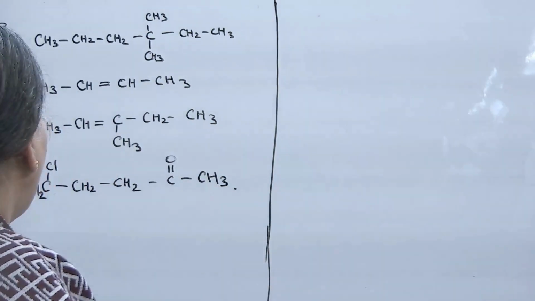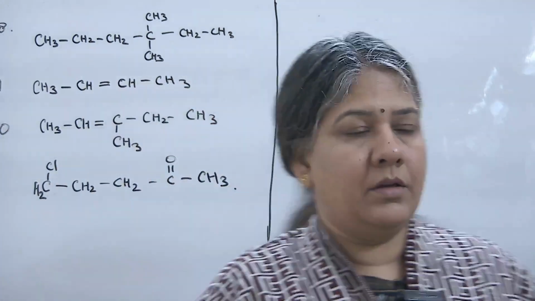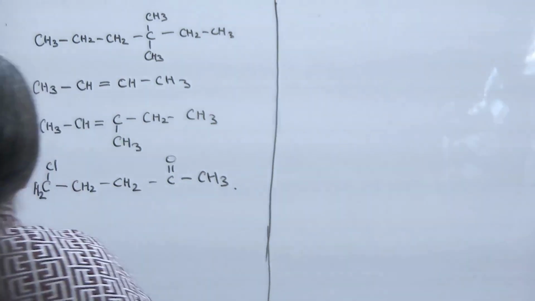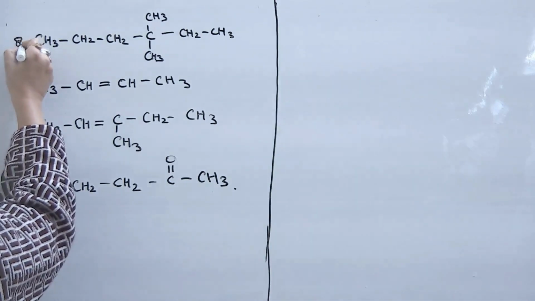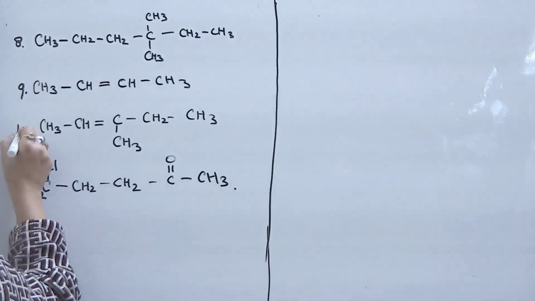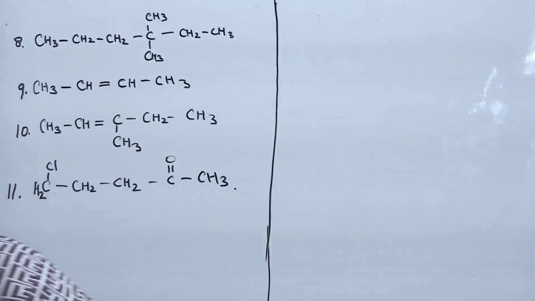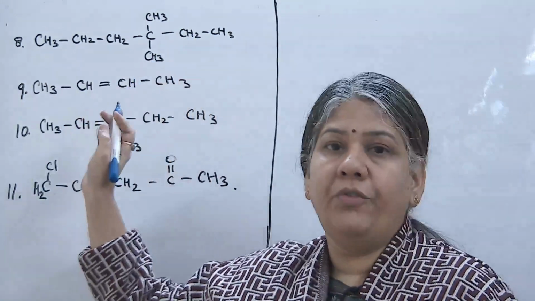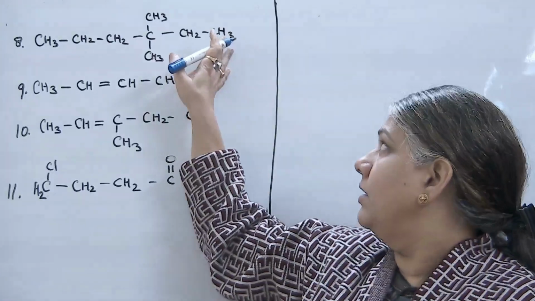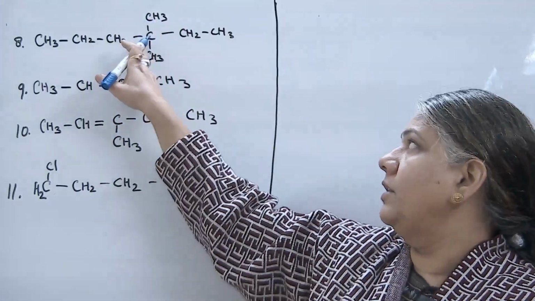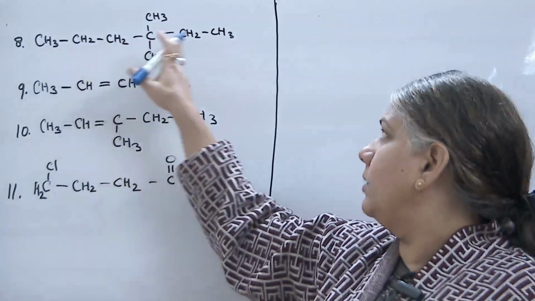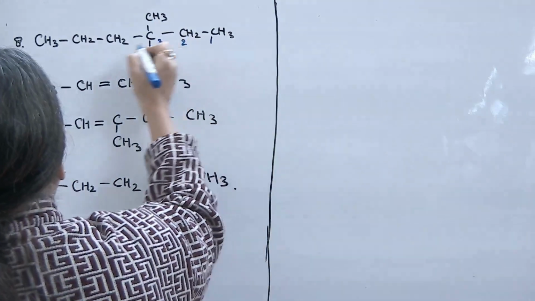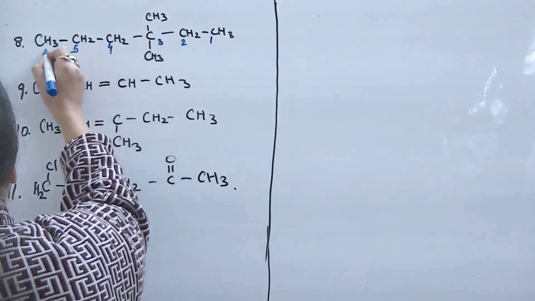Okay, let's see this example number 8. Let's begin the numbering. Obviously, we'll begin from this side because substituents are present and this carbon should get the lowest number. So number it from here: 1, 2, 3, 4, 5, 6.